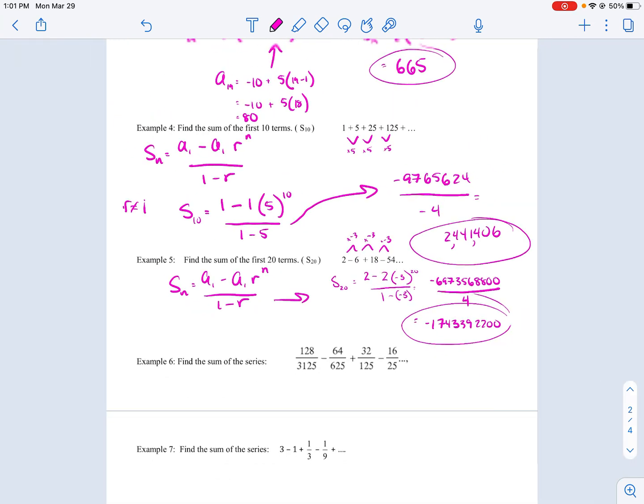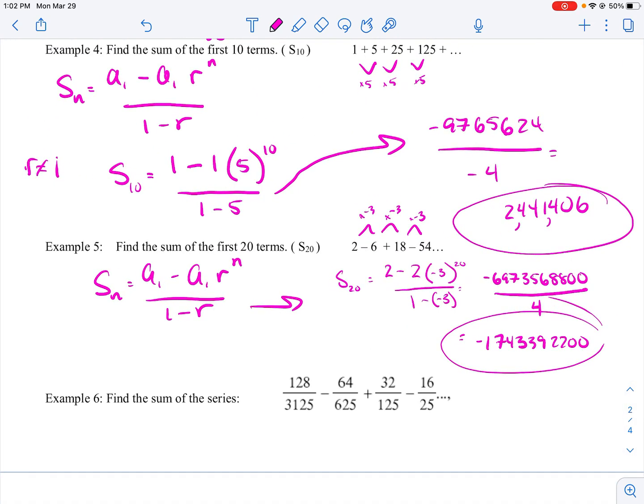There we go. All right, so actually the sum ends up being a negative number, right? Because if you think about it, even though we're multiplying by a -3, those numbers are getting really, really high towards the end. Depending on what number comes up on top as far as the positive or negative, maybe that last number ends up being negative, which ends up being the largest one of the bunch, right? But anyway, it looks like we're going to end up getting a large negative number at the end.